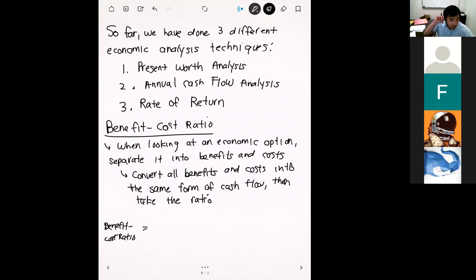The way this is defined is we can either take the present worth of all the benefits over the present worth of all the costs.